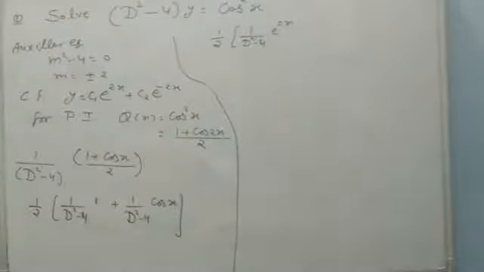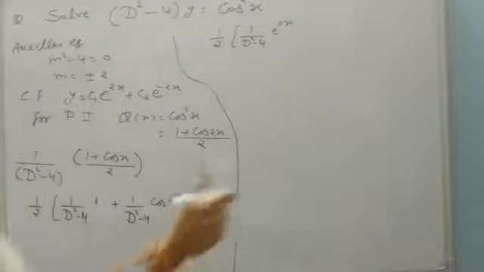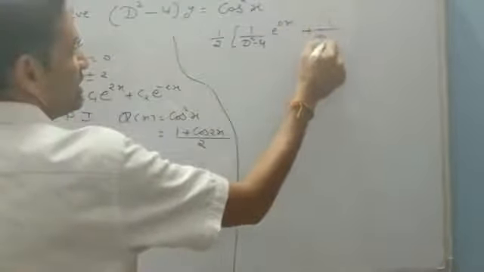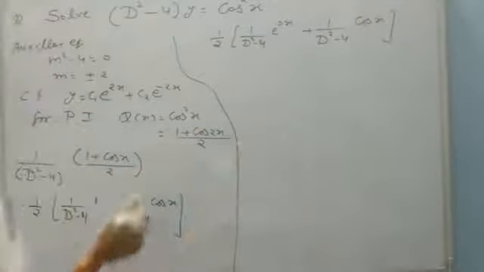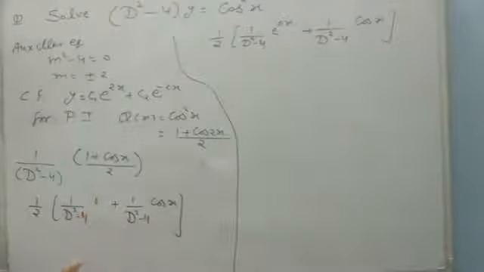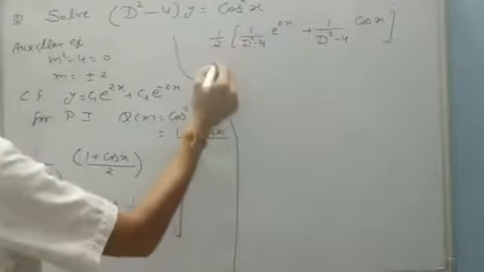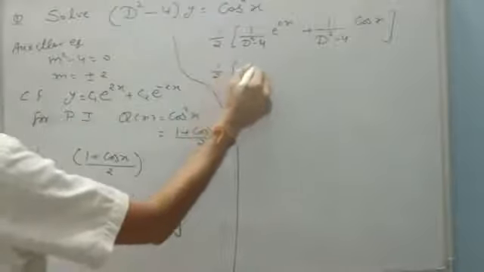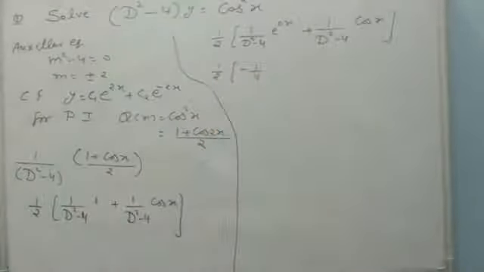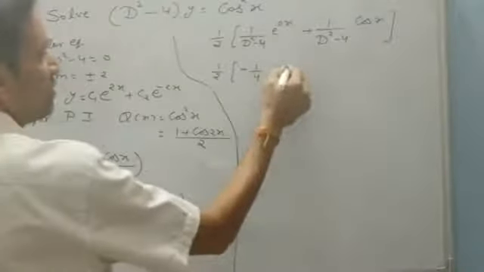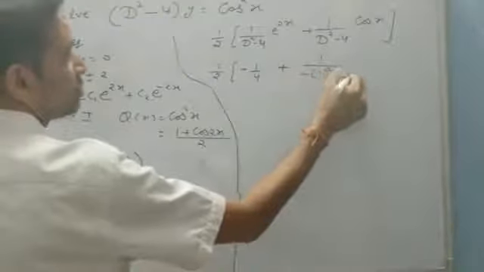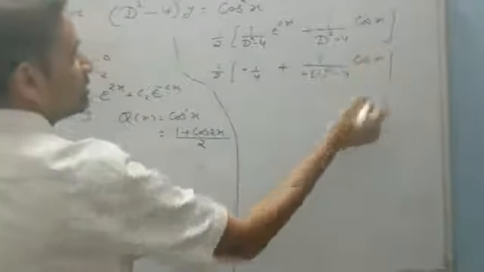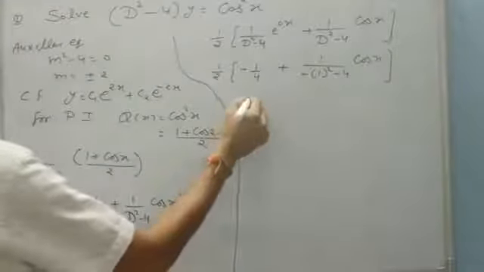We know that 1 can be written as e to the power 0x. Now by the exponential rule, case number 1, when you apply D equals 0, it will become 1 upon minus 4 only, and here it will become 1 upon minus 2 square minus 4 cos 2x.